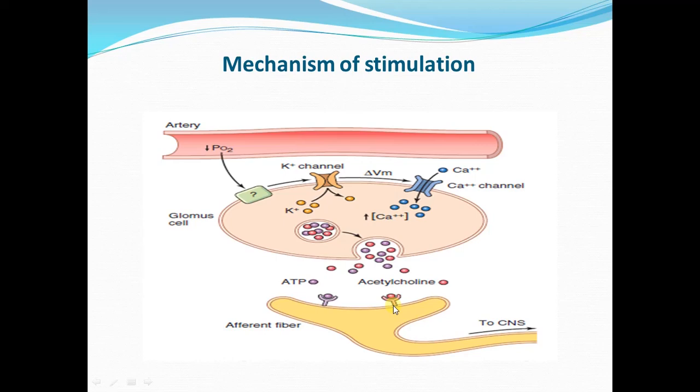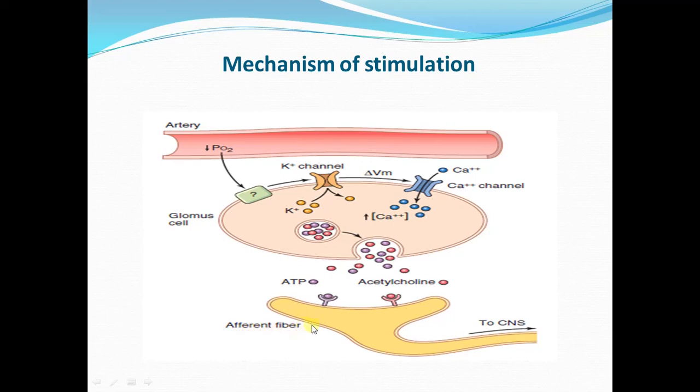In case of carotid chemoreceptors, the nerve fibers present in the glossopharyngeal nerve innervate the carotid chemoreceptors. Binding of the neurotransmitters with the receptors will cause excitation of the afferent nerve fibers.